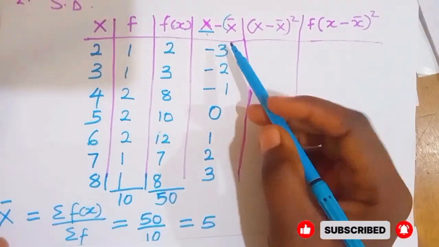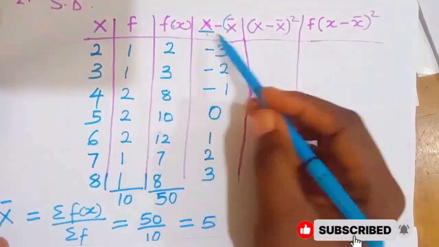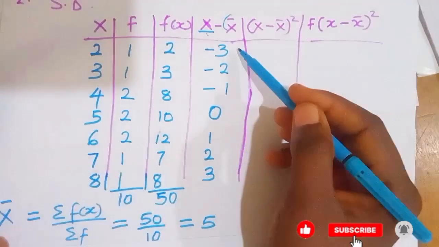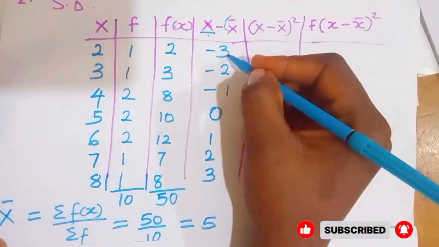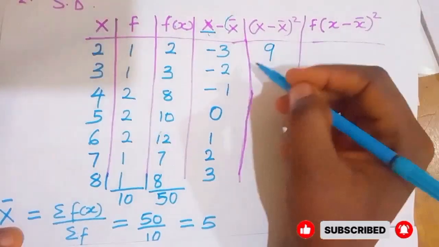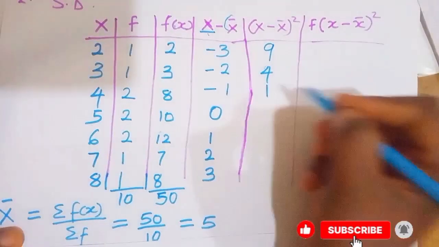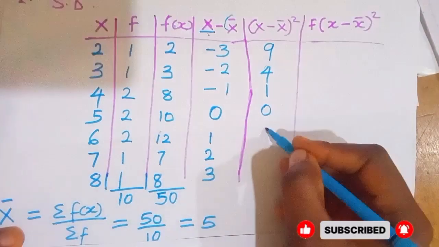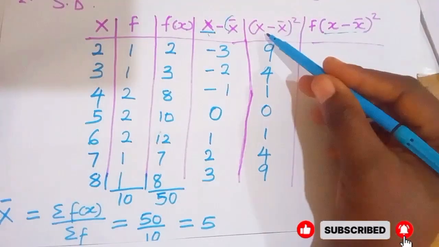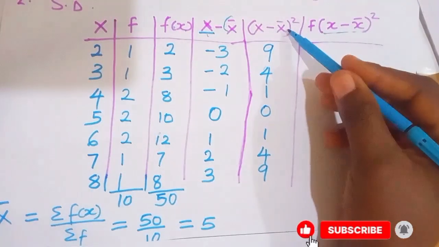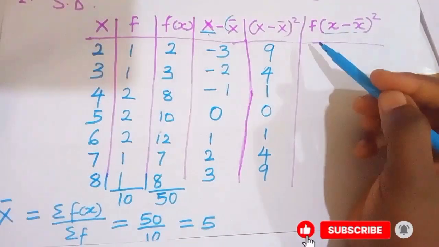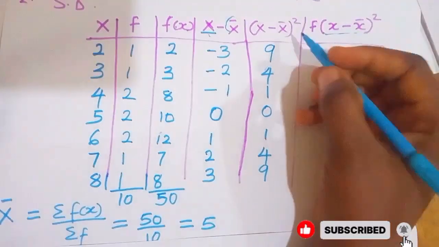Since we have gotten the deviation from the mean, we square it. Whatever we have here, we square each one. The square of minus 3 is 9. The square of minus 2 is 4. 1, 0, 1, 4, and 9. Since we have gotten our x minus the mean all squared, whatever we have here, we multiply it by the frequency.